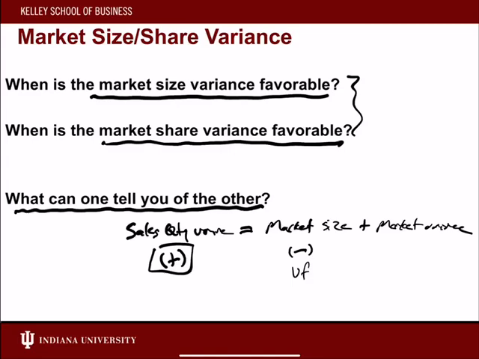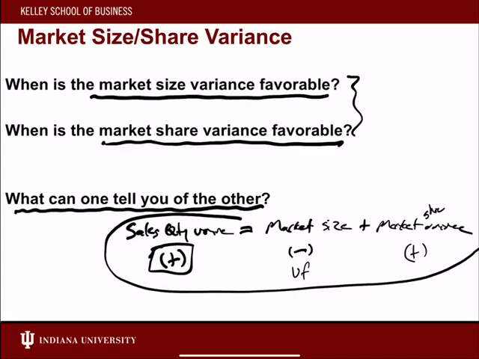That means our market share variance must have gone up. We must have, even though the market size shrank overall, captured a lot of that market share to still have a sales quantity positive or favorable variance. So it's just an interesting interaction here.